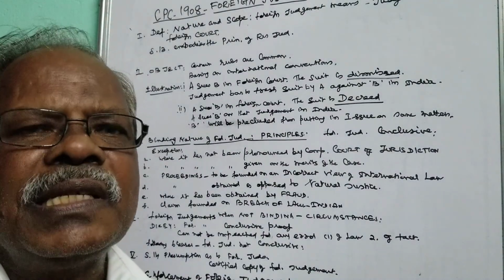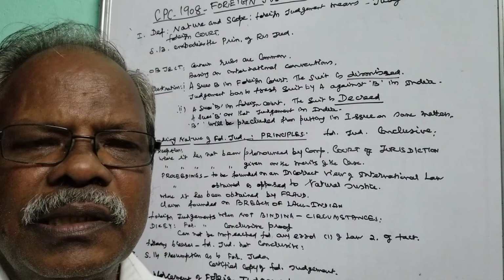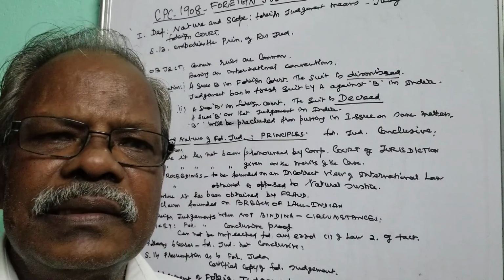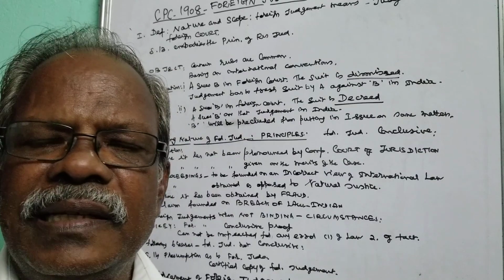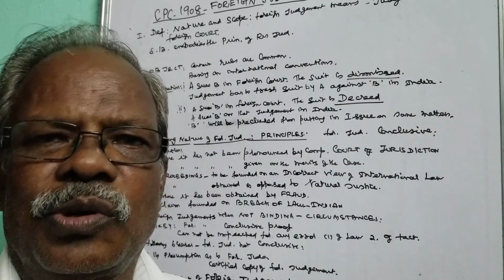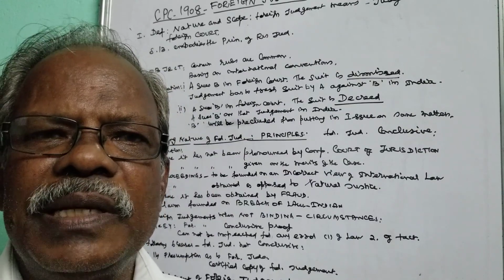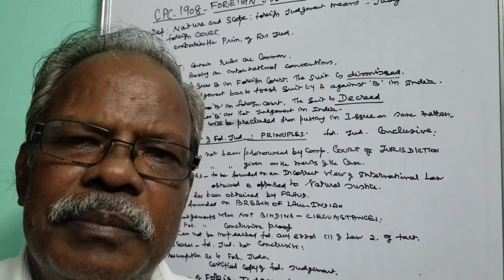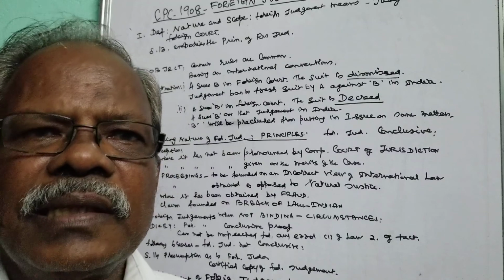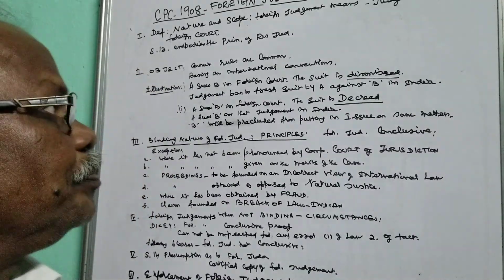Res judicata means once a matter is decided in the court, the same matter with the same parties cannot be taken up again in the court. Once adjudicated, it cannot be taken up for trial again. That is the meaning of res judicata.